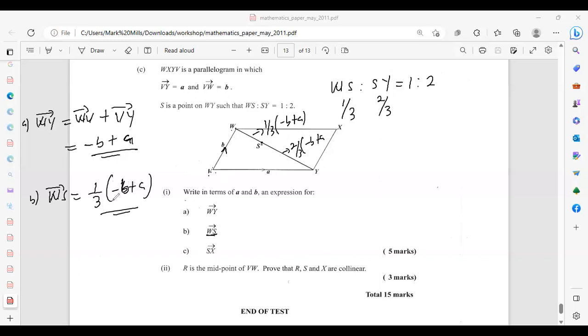Yes, sir. All right. Now, what they ask now, SX, right? So how do I find this one now? We are going to draw a line from the S to the X. Then we are going to look at it now, right? From the S to the X. Then I will draw the arrow on this.